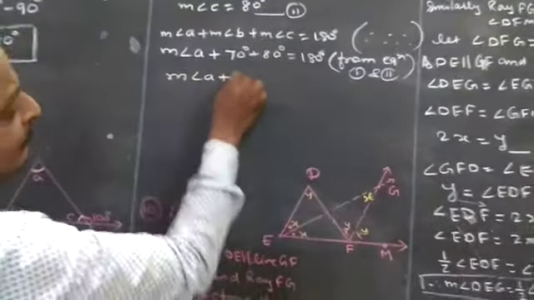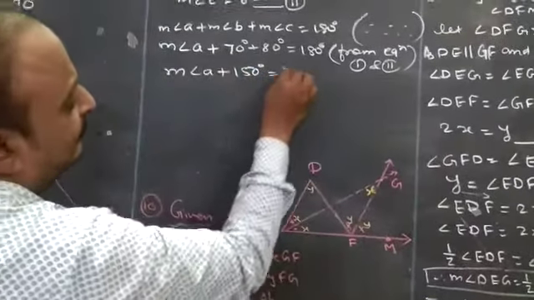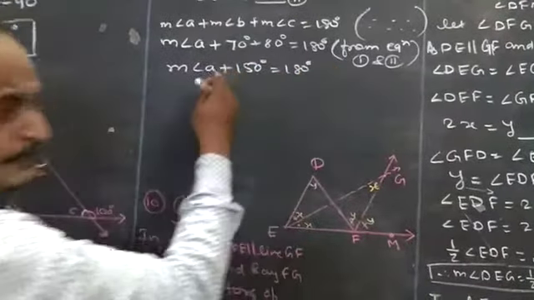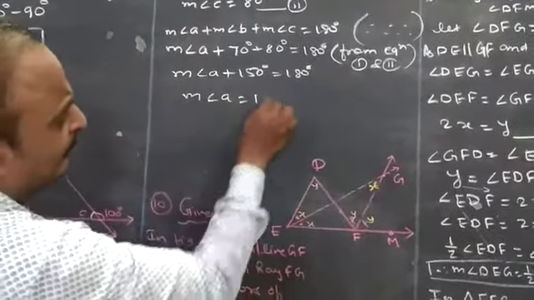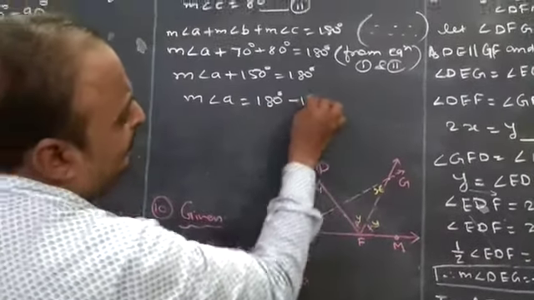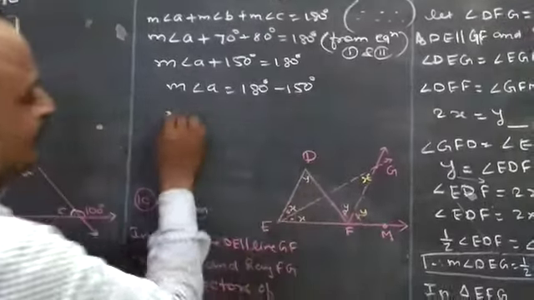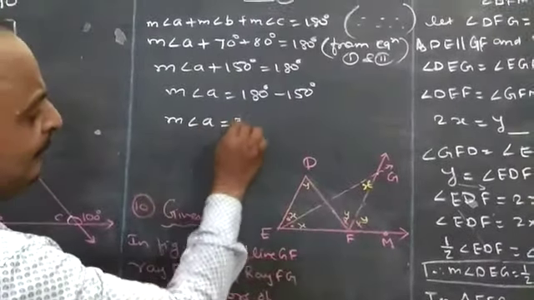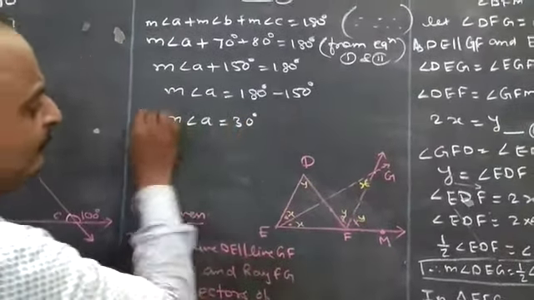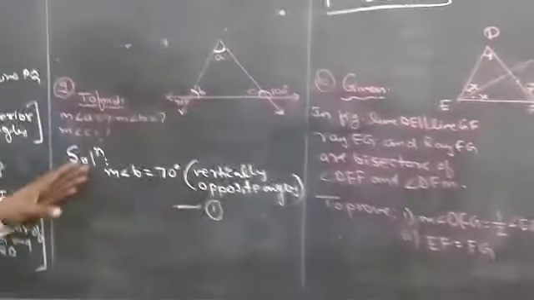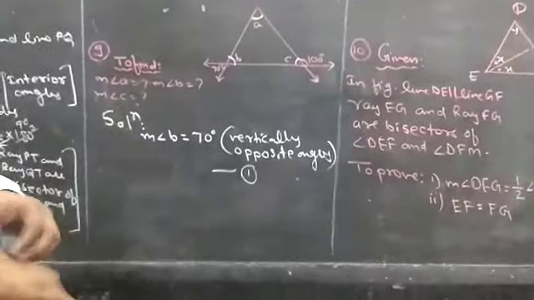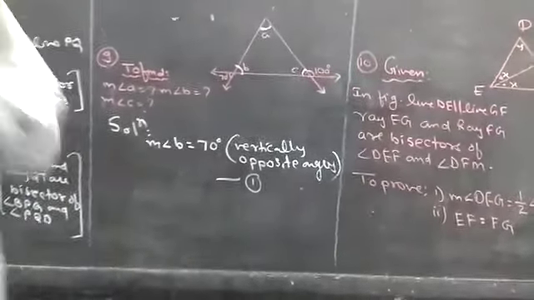What do we get? 150 is equal to 180. This is plus 150, on this side it will get subtracted. So 180 minus 150. What will we get? The measure angle A is equal to 30 degrees. So we have found all three measures of angles which were asked in the question. That means question number 9 is also over.